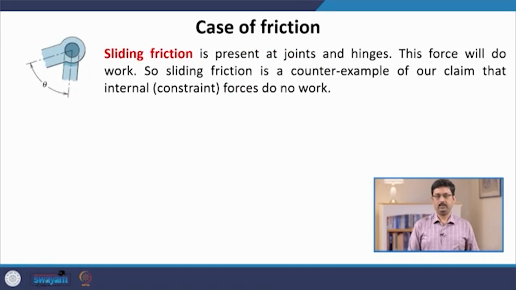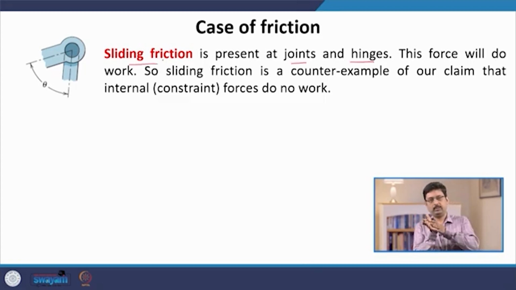Now, I must point out that in practical situations friction is always present. We are going to discuss how to think about friction perhaps in the next week, but we all know by experience what friction is, and we are going to consider two kinds of friction: the sliding friction, which is always present at joints and hinges.